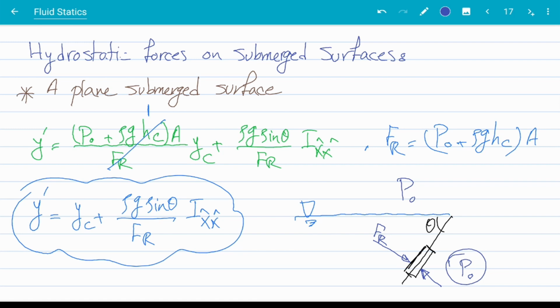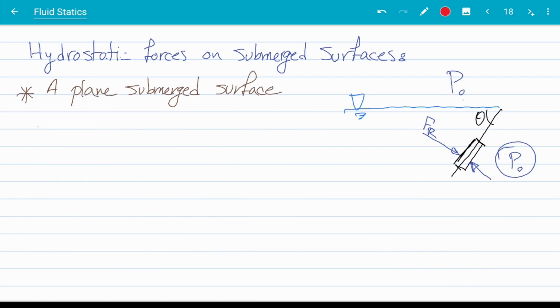So if the atmospheric pressure is the same above the liquid and on the right-hand side of this surface, then we can simplify these equations a bit. So for this case, I can say, okay, the net force is going to be total force of the liquid plus atmosphere minus the force of atmosphere. I'm going to call it F for simplicity.